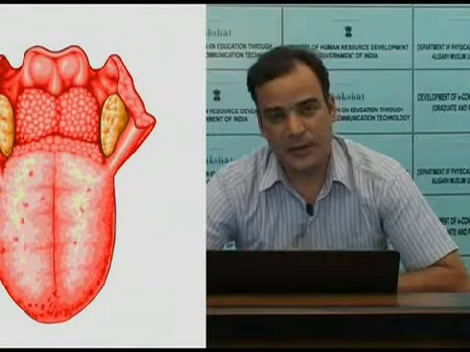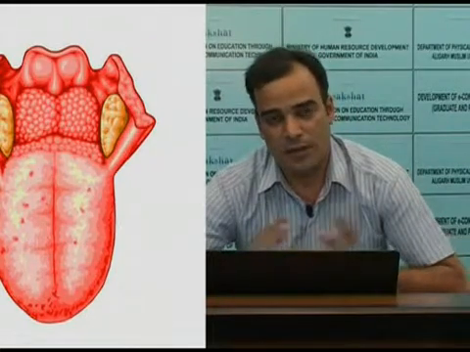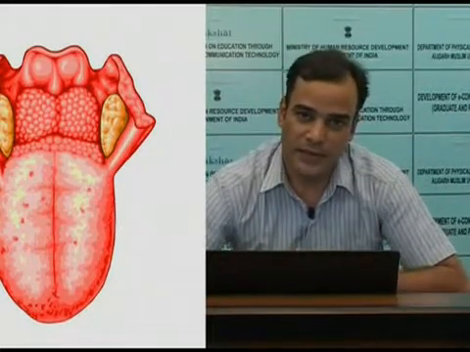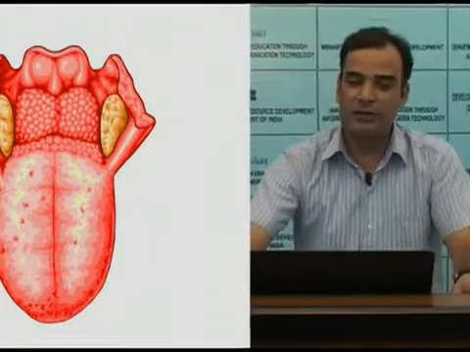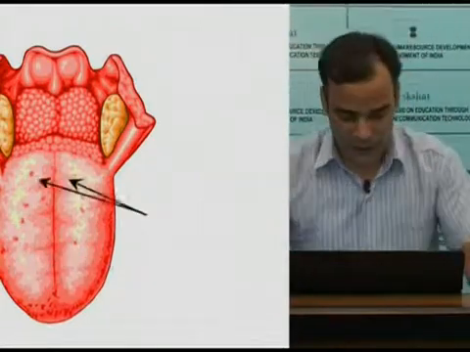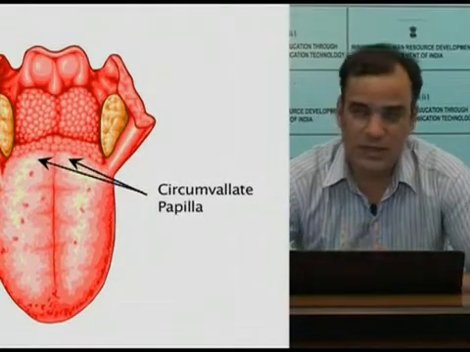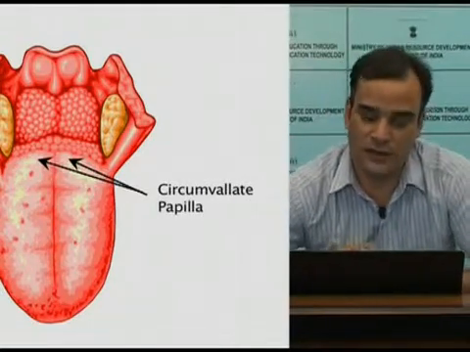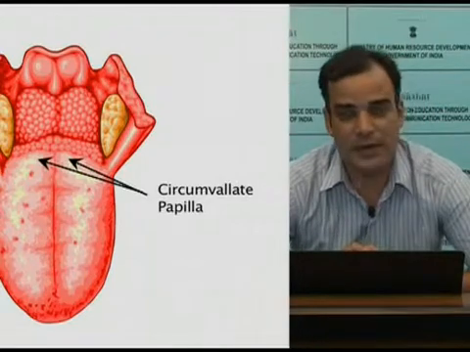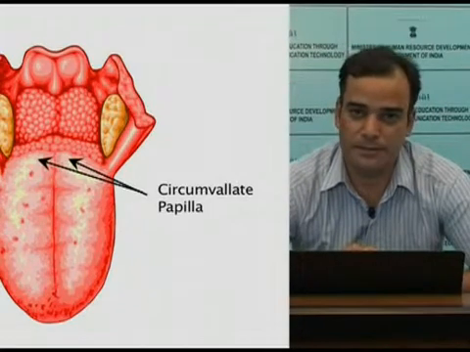These papillae are of many types, and they have been divided into three major groups. First group is circumvallate papillae. These are the largest of the papillae found on the tongue, and their size is about 1 to 2 mm.